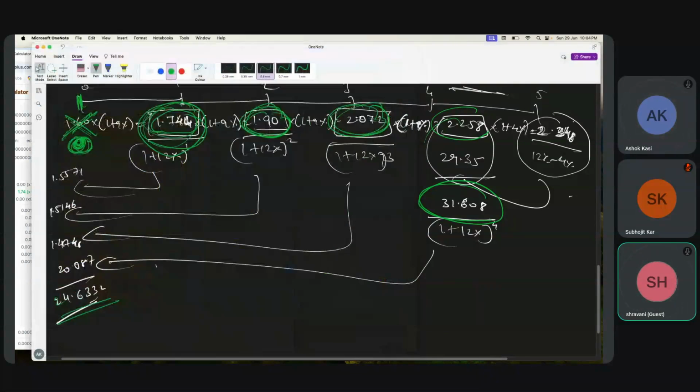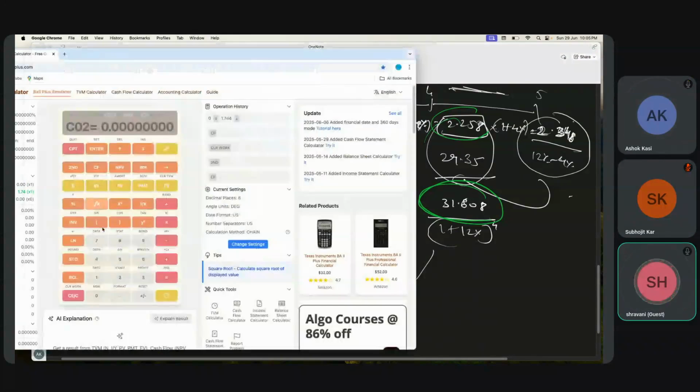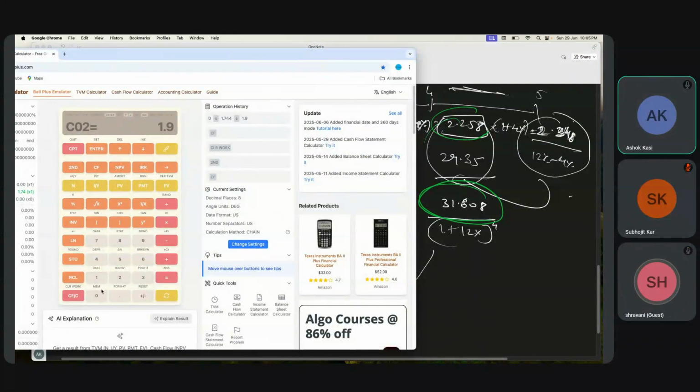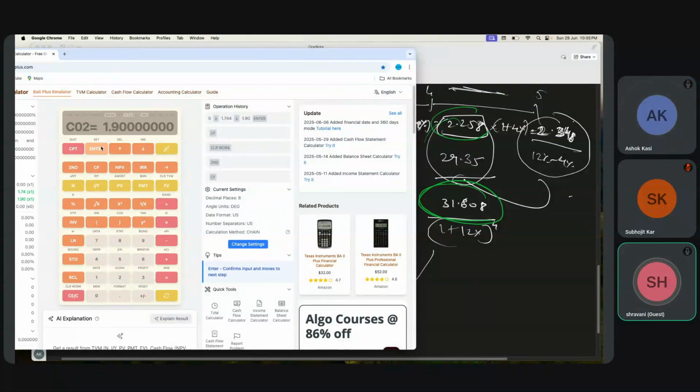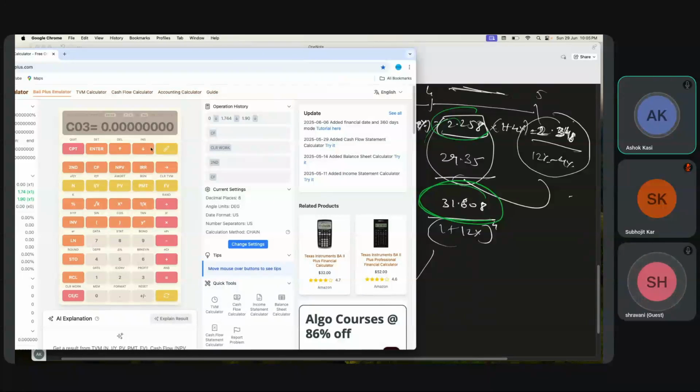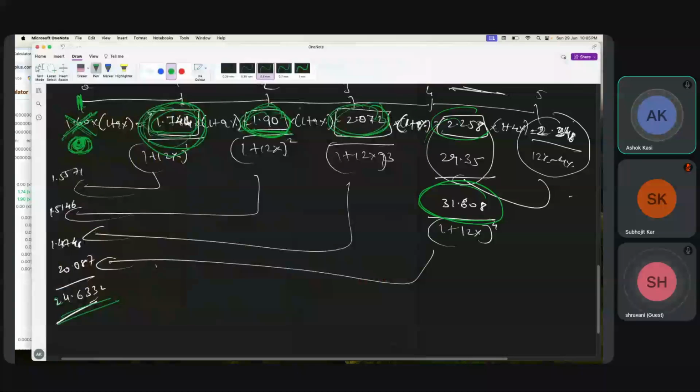C02 means cash flow at time 2 is 1.90. So 1.90, enter, and then downward arrow. Frequency again you ignore it. Again downward arrow, come to C03. Is it done till here? Yes, sir. So C03 is 2.072.